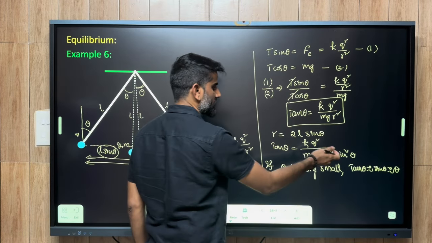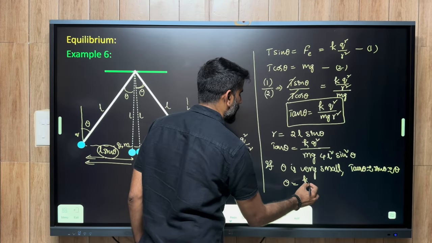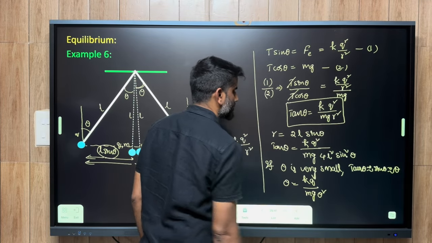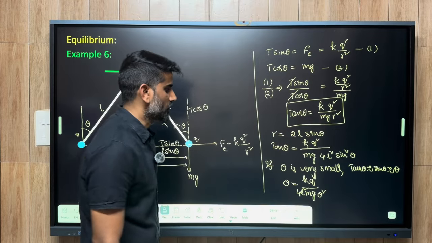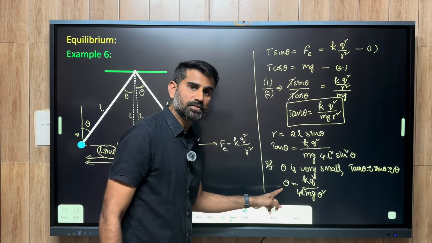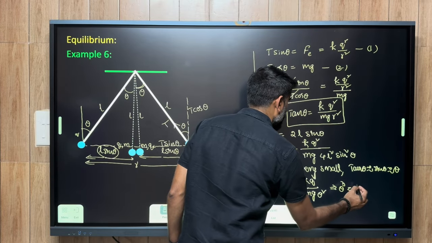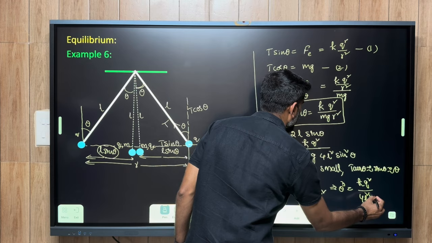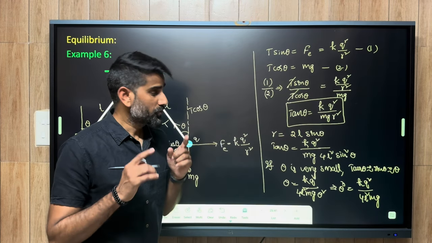If you replace tan theta and sine theta with theta, what you will get? Theta is equal to k q square by 4L square mg theta square. Now theta square can be taken this side, you will get theta cube is equal to k q square by 4L square mg. You can find theta from this equation also.